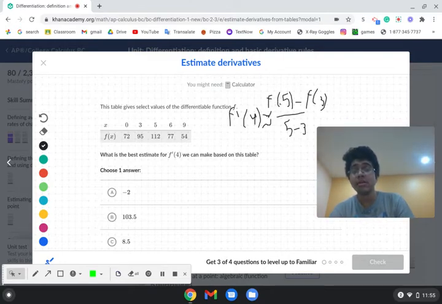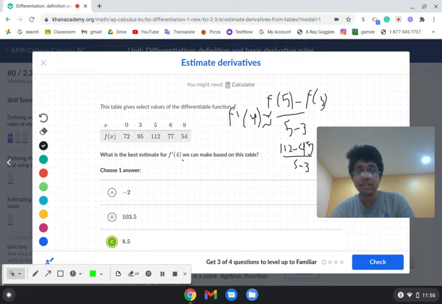Okay, so f of 5 is 112, f of 3 is 95. So 112 minus 95, that's 17. 17 all over 5 minus 3, which is 2, would give us 8.5.